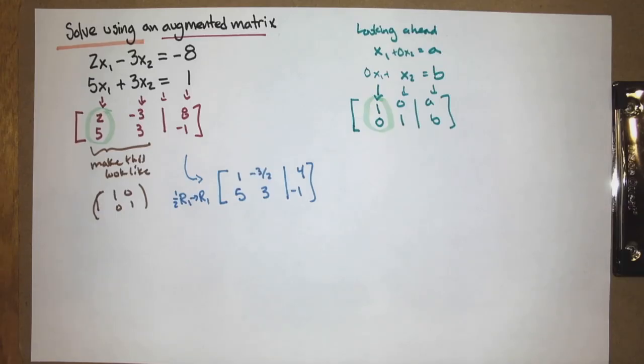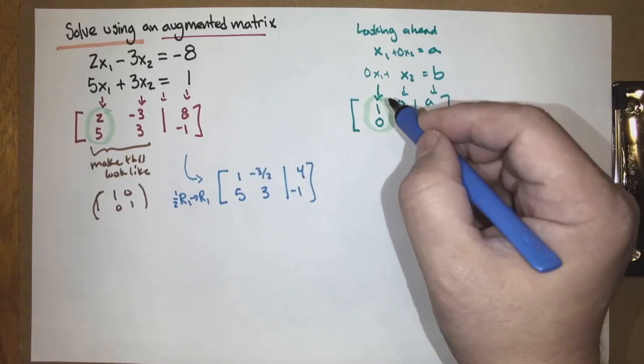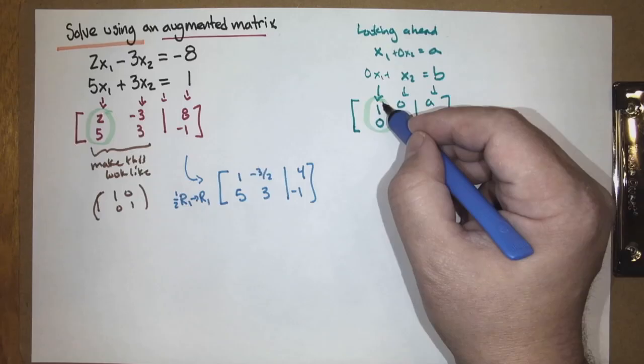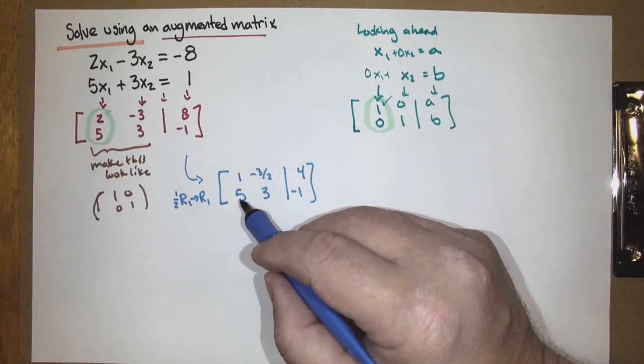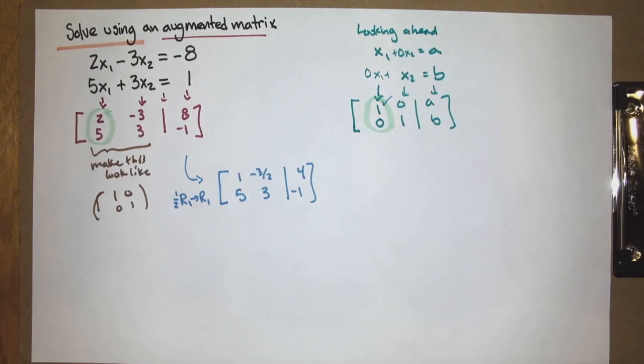So that's progress. We've got this 1. Woohoo! Put a little check mark there. And hopefully we keep that check mark there. We don't want to lose it. All right, now that we have our 1, let's work on making the next entry, this 5, into a 0. Oh, I see a question.